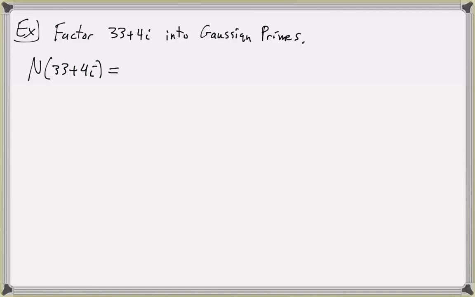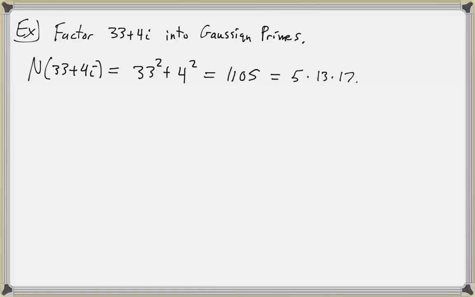This will equal 33 squared plus 4 squared, which gives us 1105. And let's factor this into primes in the integers. So this factors as 5 times 13 times 17. So if we can find a Gaussian prime with norm equal to 5, then it will be a factor of 33 plus 4i.